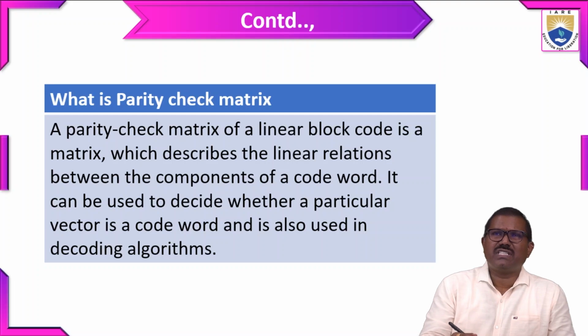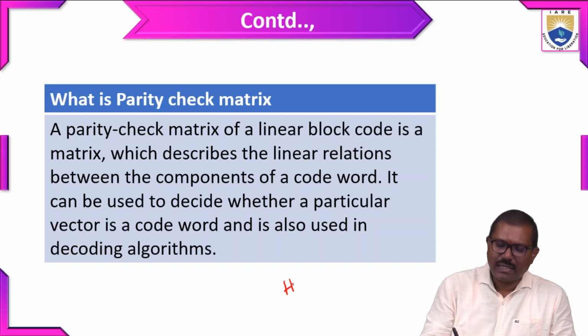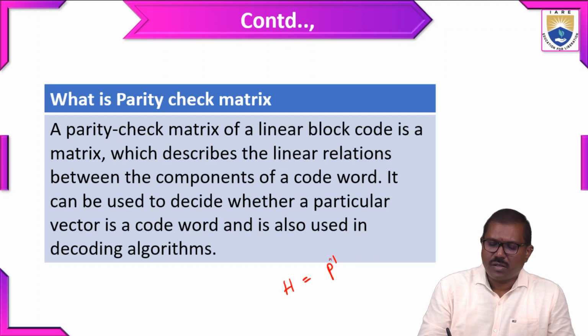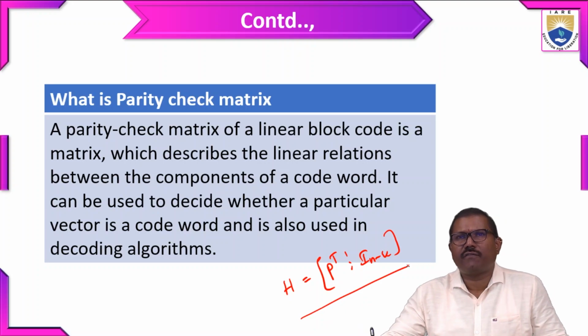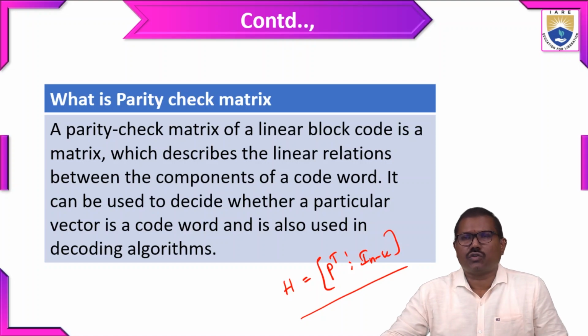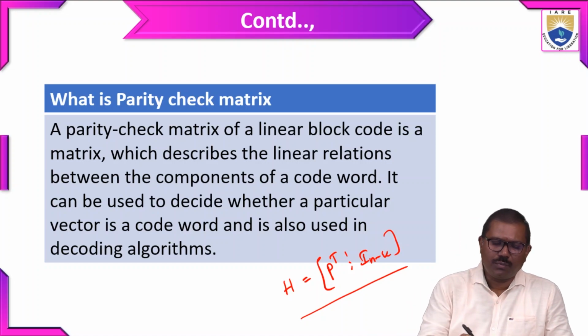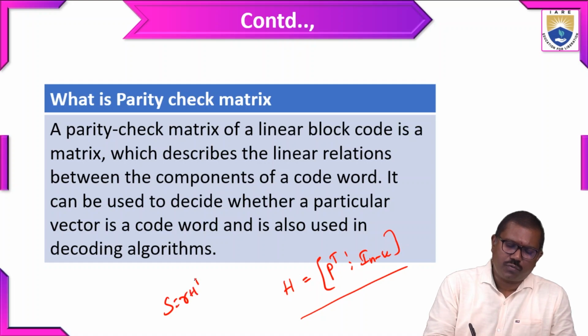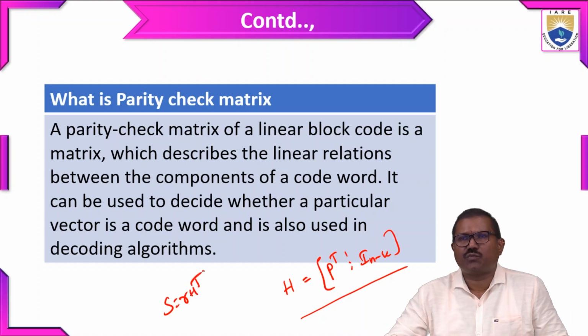How do we represent this parity check matrix? H = [P transpose | I_(n-k)]. This parity check matrix is very useful for calculating the syndrome. Syndrome is S = R H transpose.